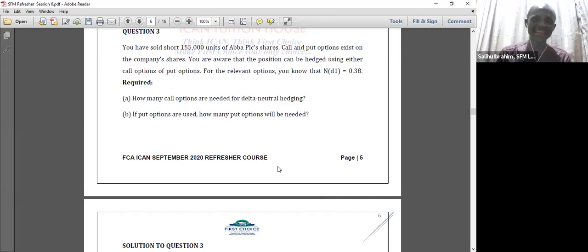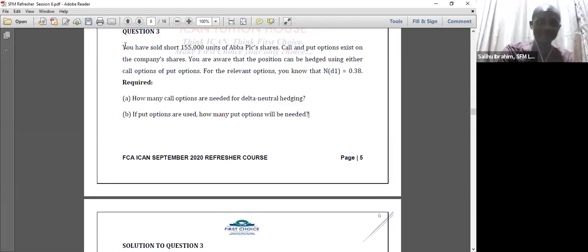You know that N(d1) is equal to 0.38. How many call options are needed for delta neutral hedging? And B, if put options are used, how many put options are needed?